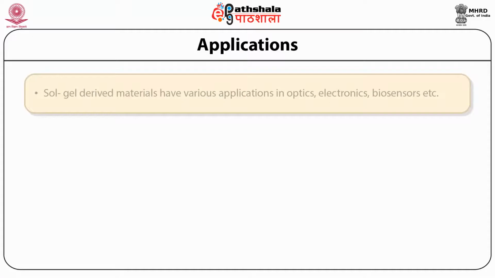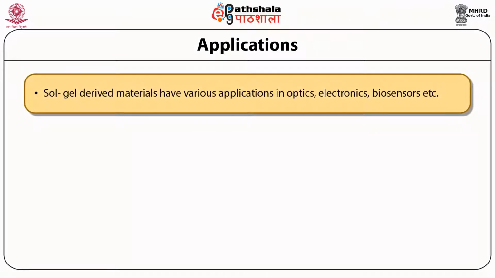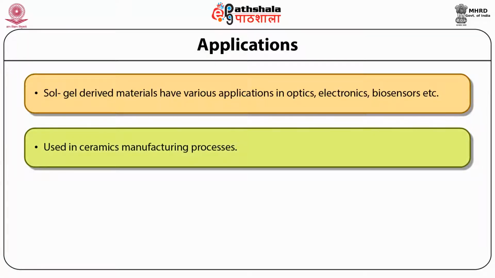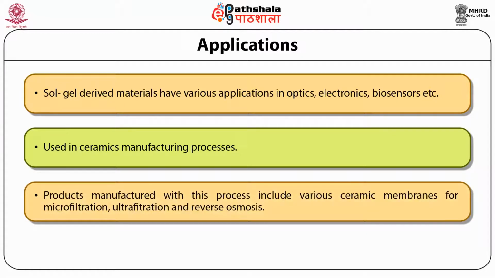Applications: sol-gel derived materials have various applications in optics, electronics, biosensors, etc. They are used in ceramics manufacturing processes as well. Then, products manufactured with this process include various ceramic membranes for microfiltration, ultrafiltration, and reverse osmosis.